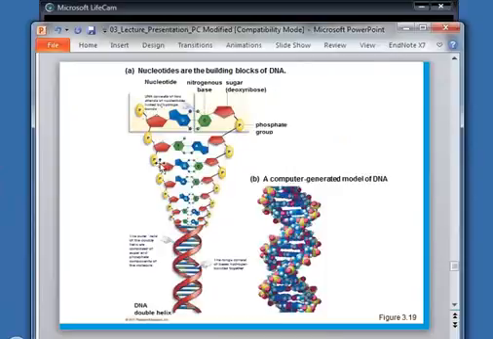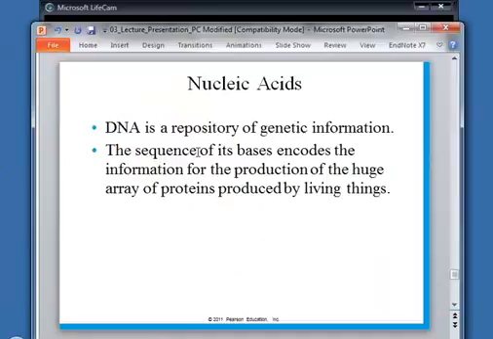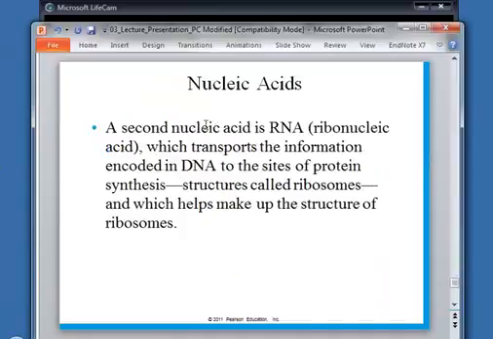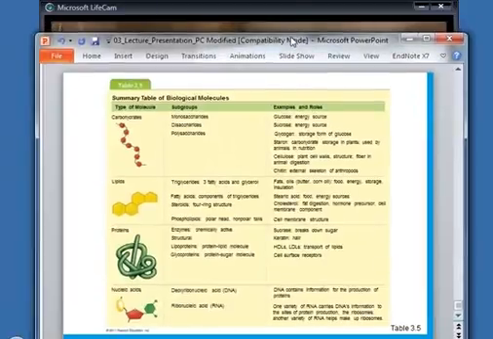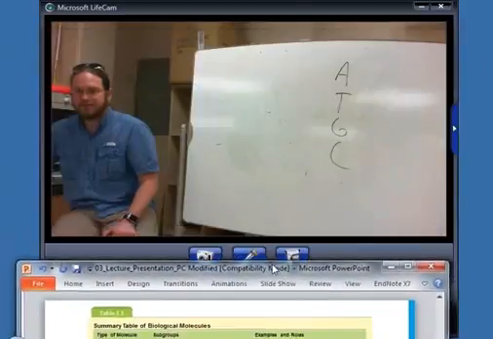And so you'll see this structure in the future some more. The double helix: A's bind with T's, C's bind with G's. And there's also a second type of nucleic acid you'll learn about known as RNA. And so this is kind of a summary of the biological molecules.